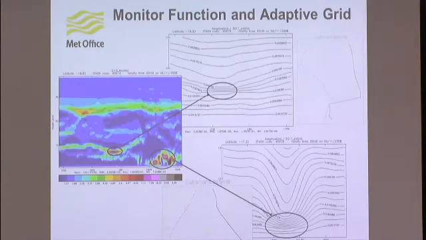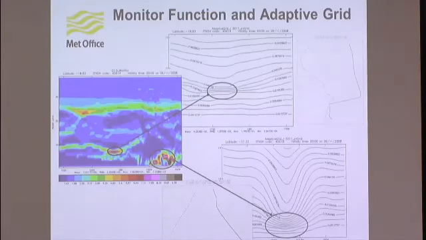As you can see, we can have high values of the monitor function here, and what we expect is that the grid levels get closer together. Also here there is a bit of orography, and so as well we have a high value of the monitor function, so we expect the grid to get closer together.